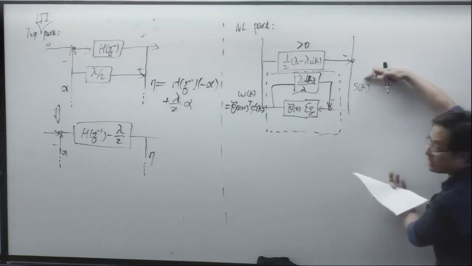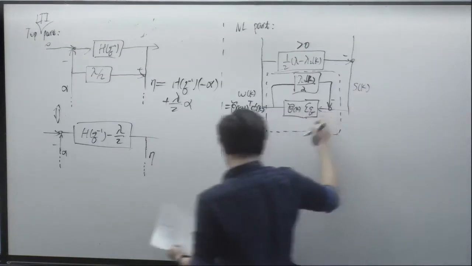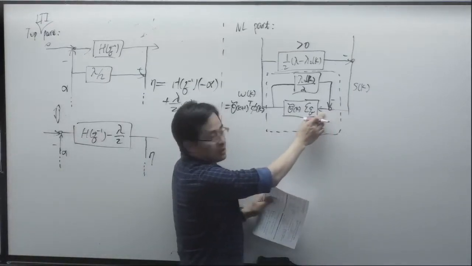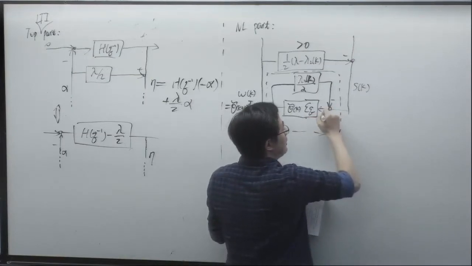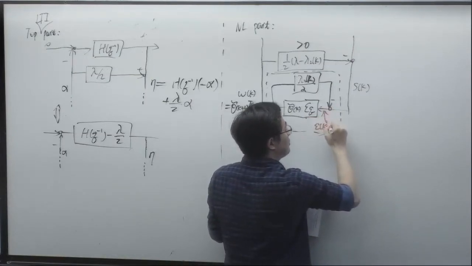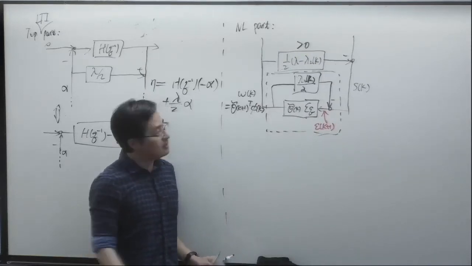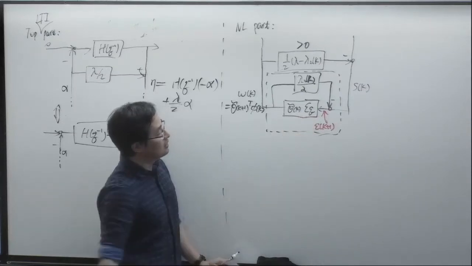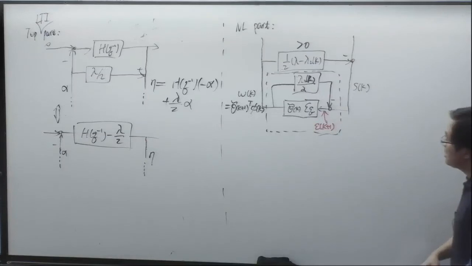So if this is SK, let's take a look at this signal here a little bit more carefully. What goes into the theta tilde equation is epsilon k plus 1, right? Let's be careful what goes into the nonlinear block from our previous analysis.